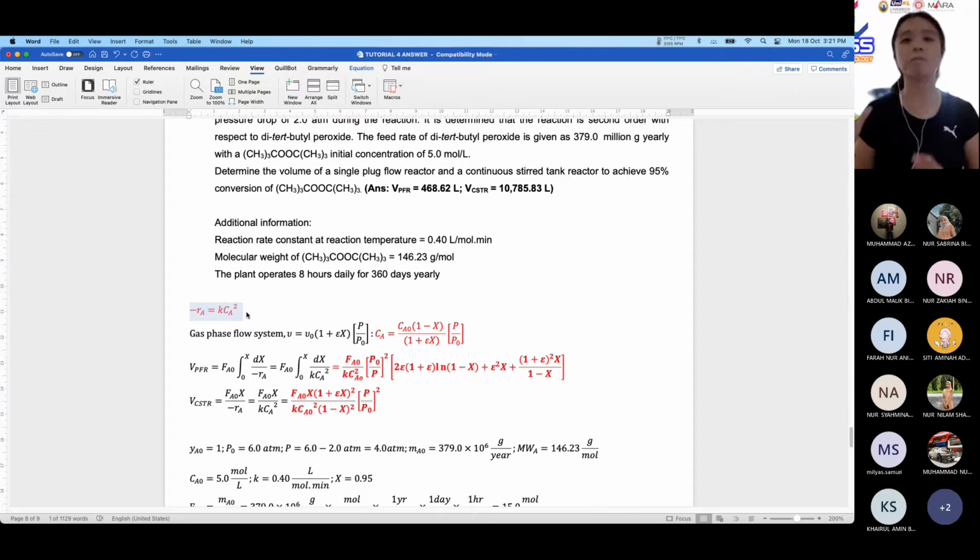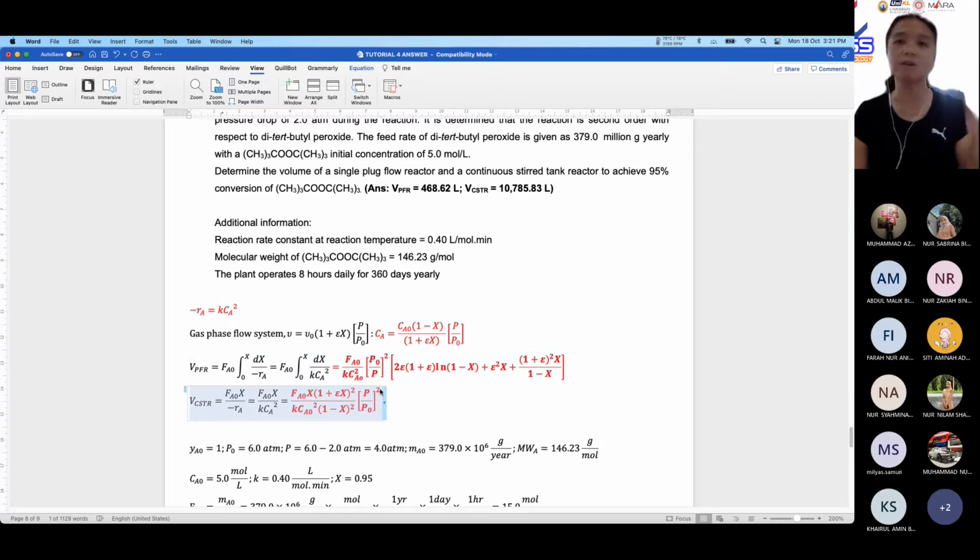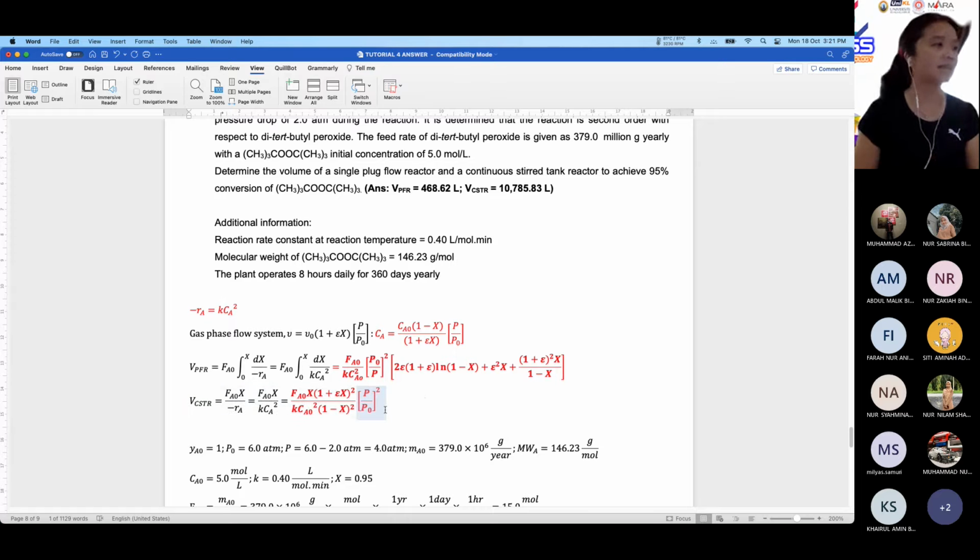So when you see properly in my notes, dia ada dua equation yang berlainan lah kan. So equation pertama untuk volume CSTR. Kamu tengok ada tambahan part yang P0 per P tu sebab perubahan tekanan. The second equation untuk CSTR sama je. So kamu tengok dalam note saya, again ada address perubahan tekanan.